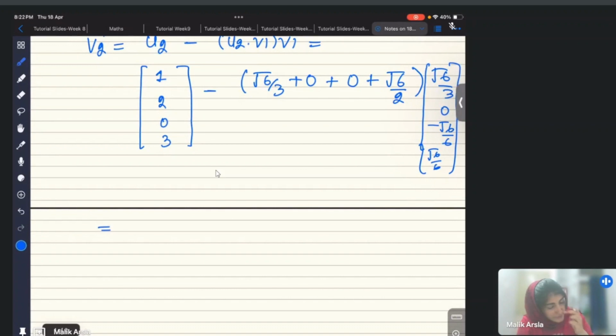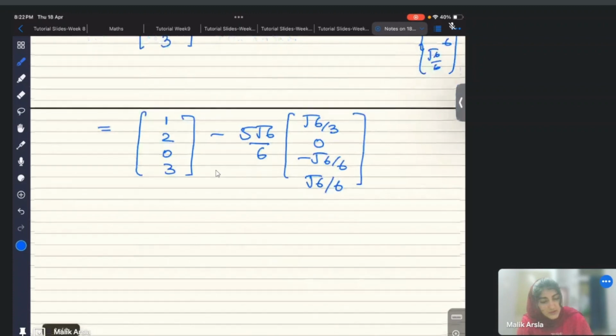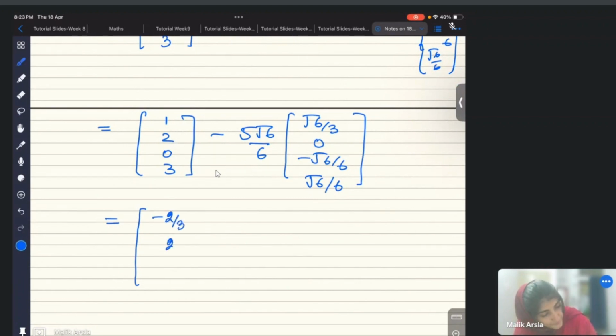So this is basically 1, 2, 0, 3 minus 5 root 6 by 6, into root 6 by 3, 0, minus root 6 by 6 and root 6 by 6. When we simplify it, it comes out to be minus 2 by 3, 2, 5 by 6 and 13 by 6. So this is our v2 vector.